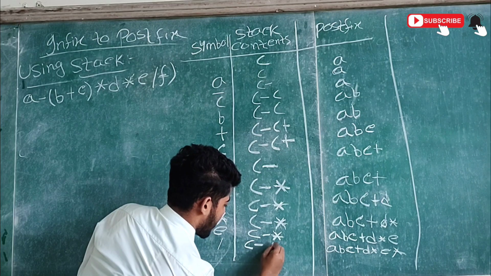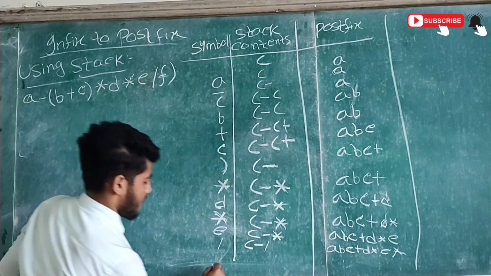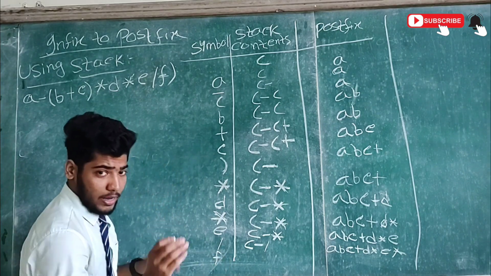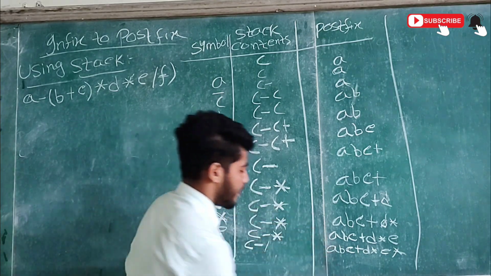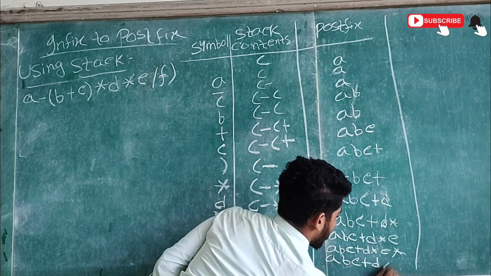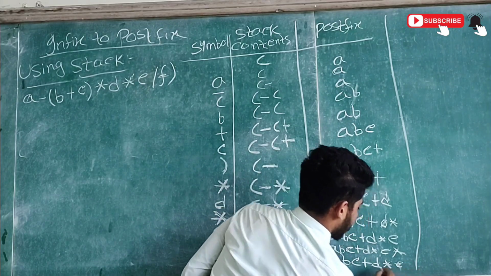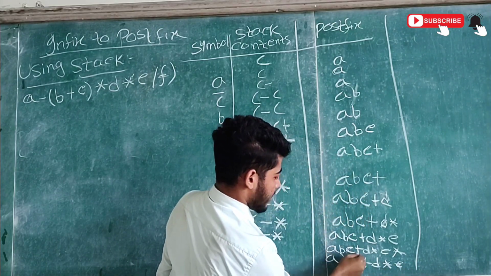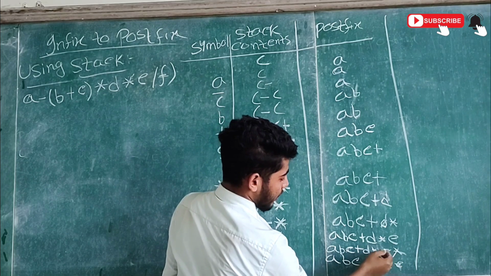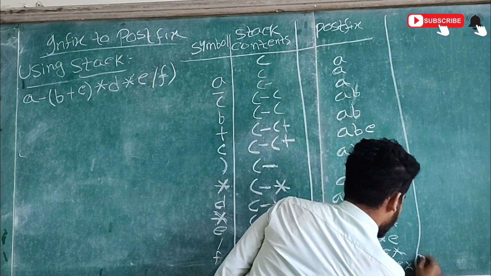Next symbol is F. F is an operand, so directly add to the array postfix: A B C plus D multiply E multiply F.